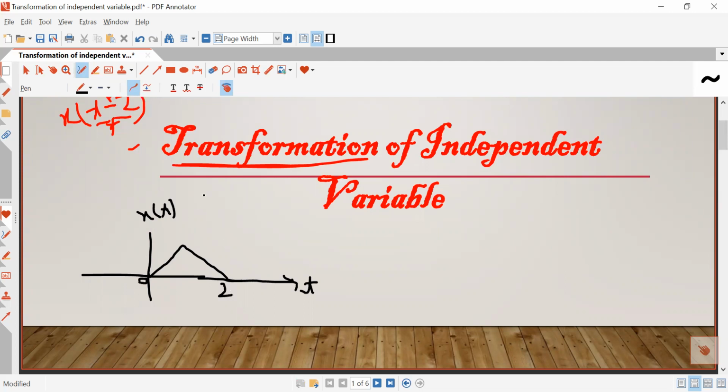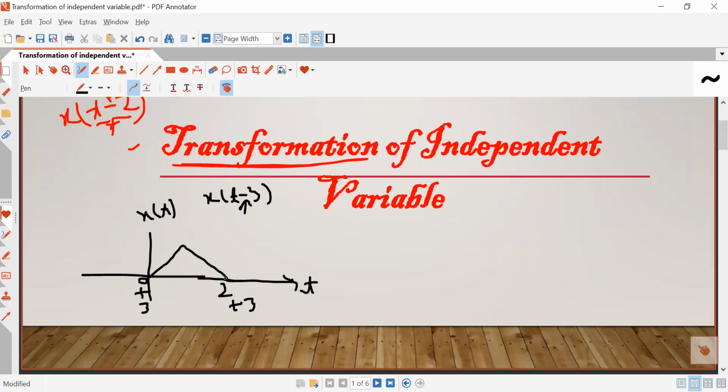Now the question is, find x(t minus 3). You must remember here the minus sign means you are going to shift the signal in the right direction. So this 3 will be added here and this 3 will be added here.